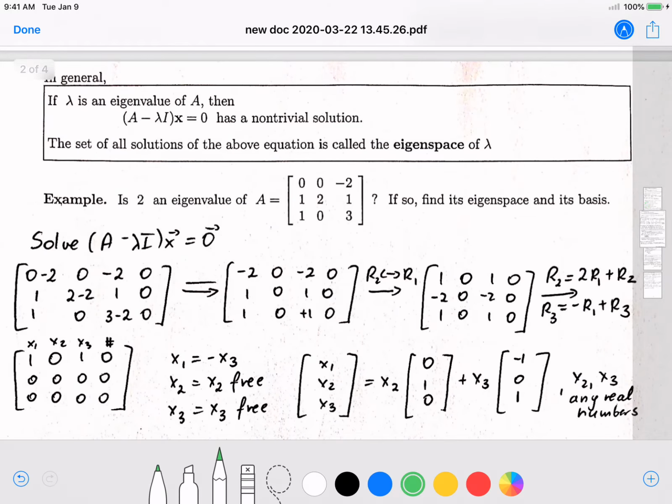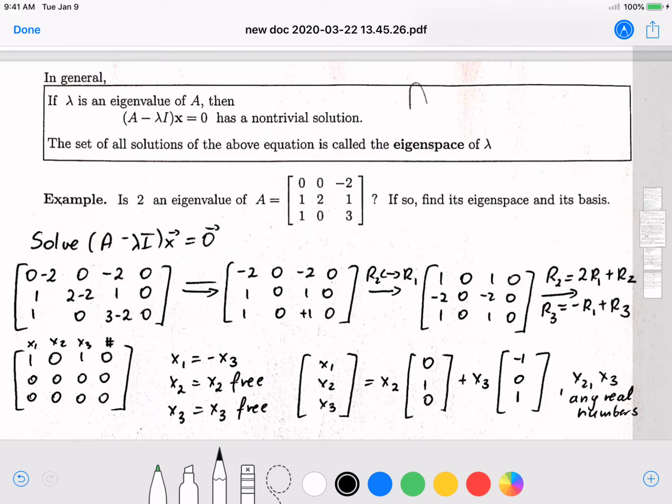In general, we can conclude that if lambda is an eigenvalue of A, then this equation, A minus lambda identity x equal to 0, has a non-zero solution. Why do we have it like this?